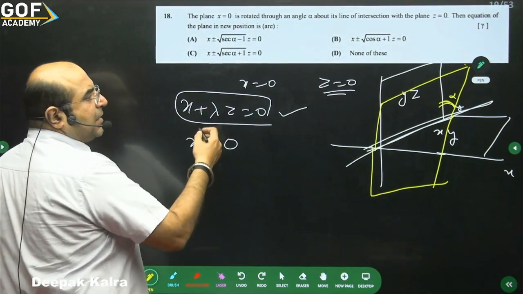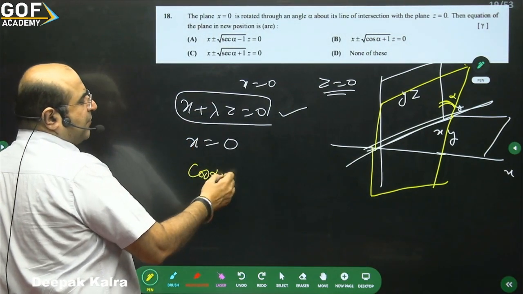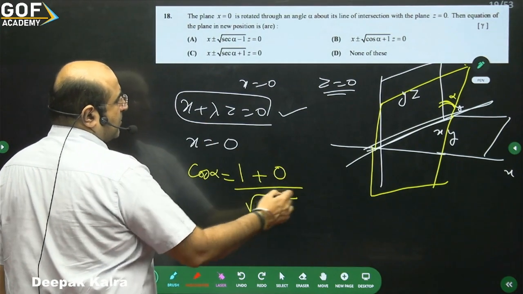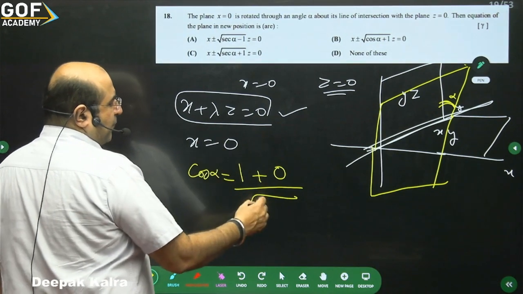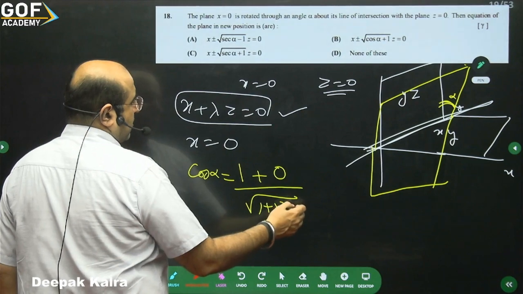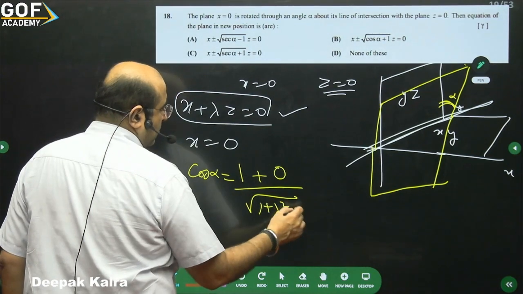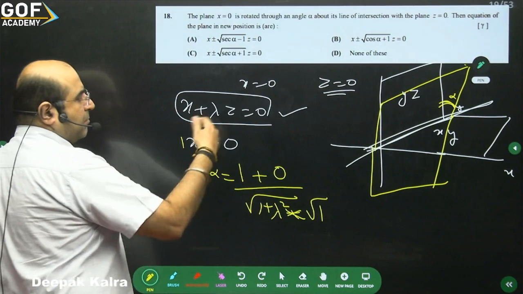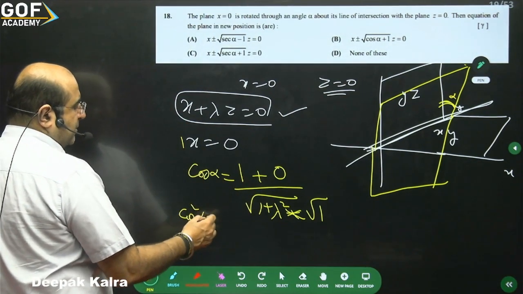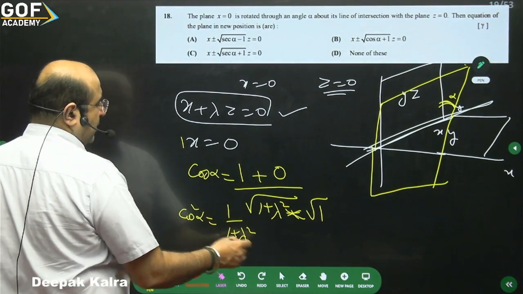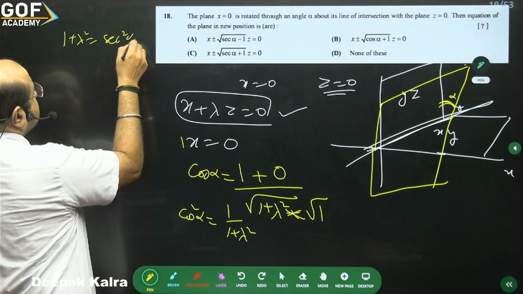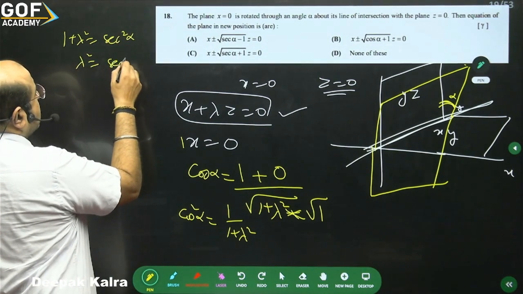So calculate the angle between two planes by making cos alpha equal to a1 a2 over root of 1 plus lambda square into root 1, right? So your cos square alpha is nothing but 1 upon 1 plus lambda square. So 1 plus lambda square is secant square alpha. Lambda square is secant square alpha minus 1.